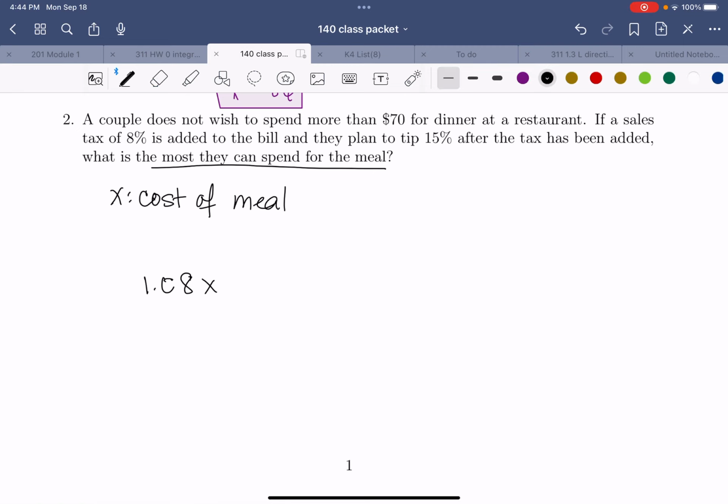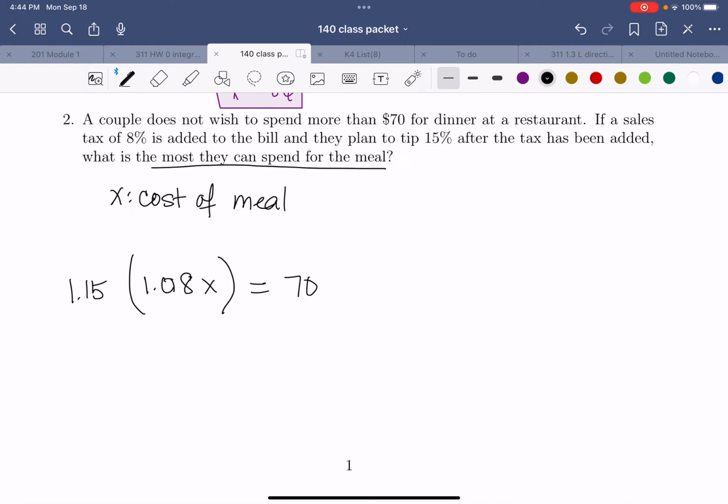It's a little bit cleaner without them. Now, we're then going to take that amount right there, and we're going to take 15% of that. So I'm going to take 15% of 1.08 times X. And we're going to do the same thing and multiply it, only this time it's 0.15 added to our 1. So we're taking 1.15 times 1.08 times X. And we want that to be 70 to find our max amount.